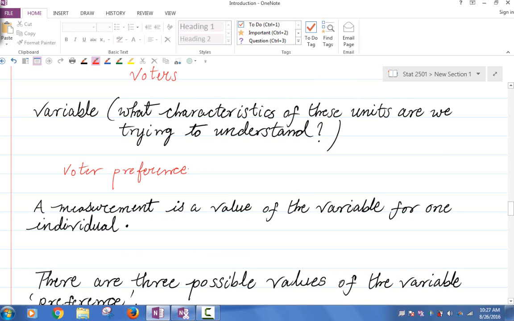Okay, and a measurement is a value of the variable for one individual.